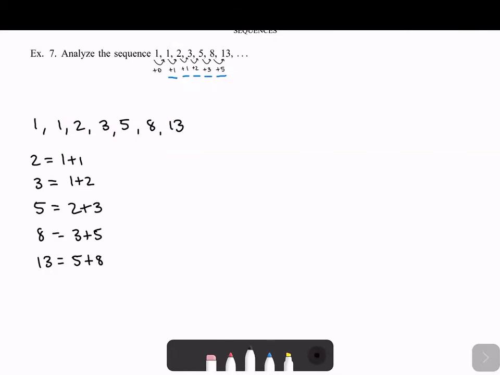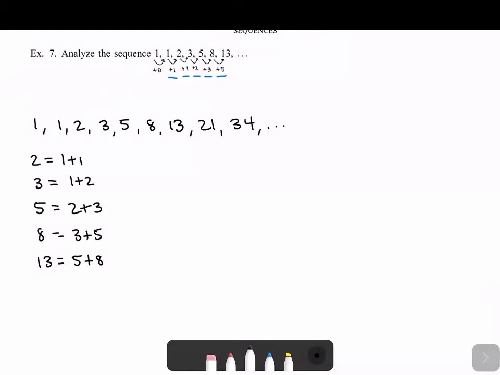So we can find our next terms because we just add 8 and 13, which is 21, our next term. And then we do 13 plus 21, which is 34, our next term. And we can just keep going, adding the previous 2 terms to get the next term.